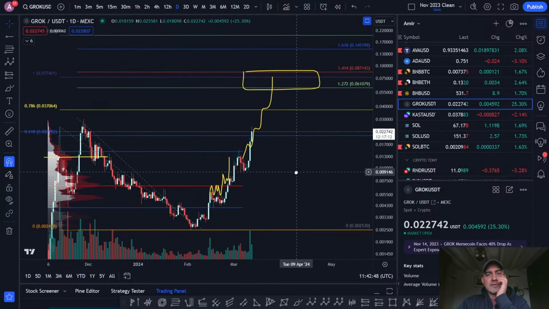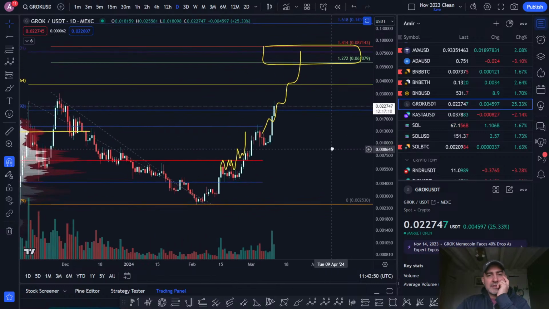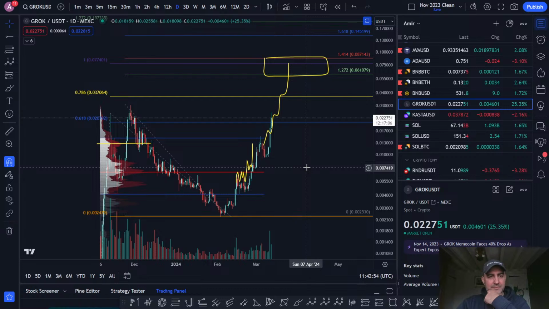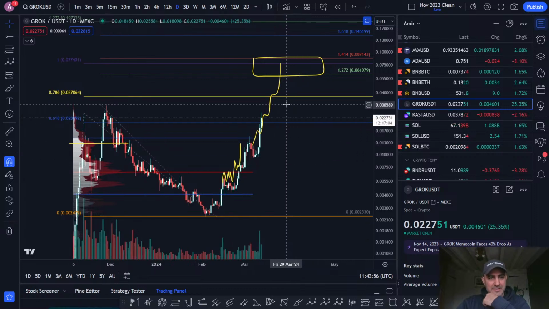Crazy, huh? Grok is... Look at that. It's just pumping like there's no tomorrow. Will it make an all-time high? That'd be a good place to sell, huh?